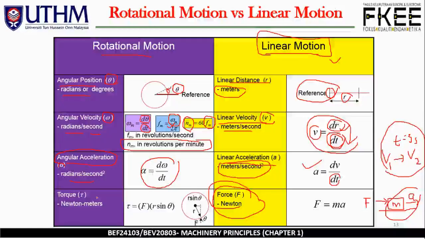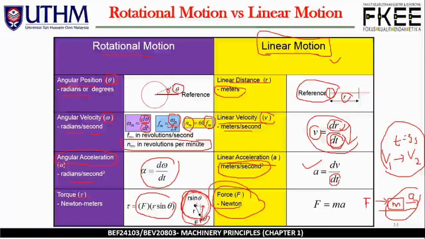Then the torque in rotational motion is given by this equation: torque equal to F times R sine theta. So this is the rotational motion. We have a force over here applied at this particular point, and we try to extend the action of the F into the middle of the rotational motion.